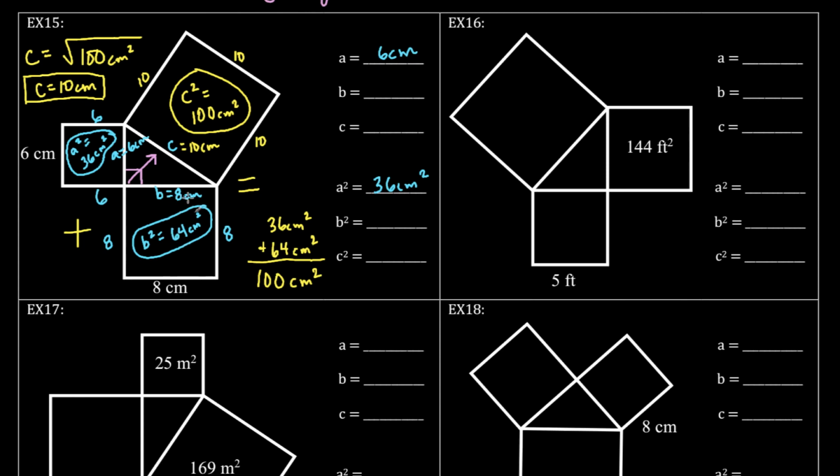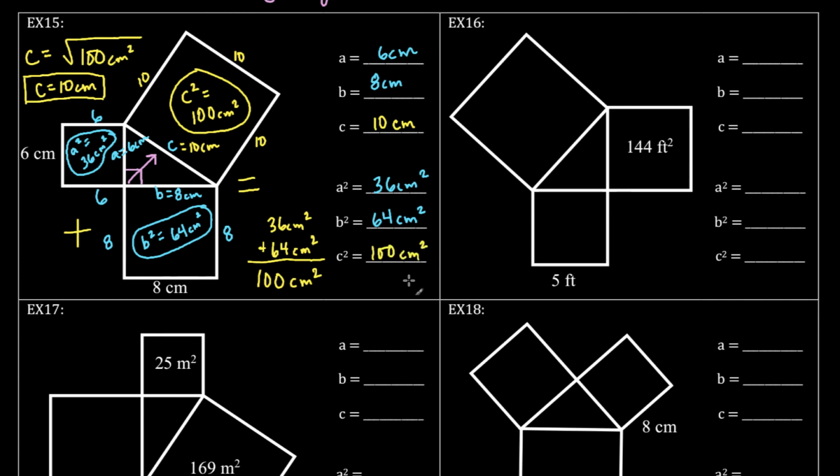B was 8 centimeters, so B squared was 64 centimeters squared. And C ended up being 10 centimeters because C squared, the area, was 100 centimeters squared.